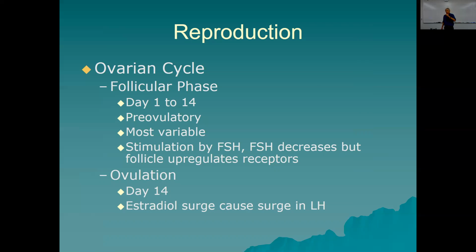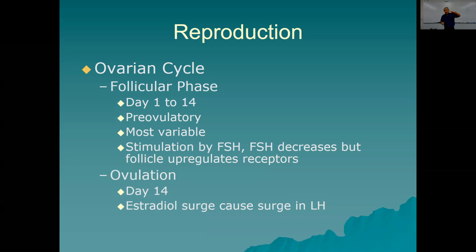It usually lasts 14 days, can last a few days more, but usually 14 days. Stimulation by FSH. FSH starts the ball rolling with selection of primordial follicles to start making primary follicles and continue meiosis.